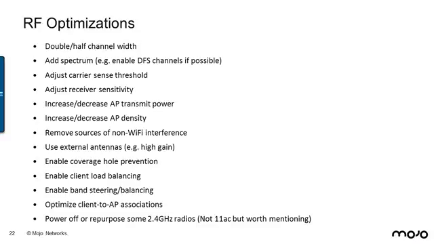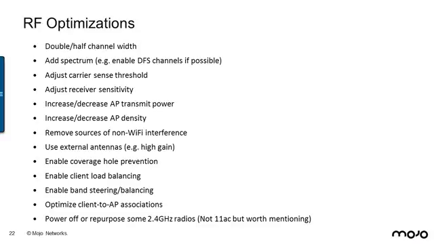And even with those new standards, the client is still making the decision. So what we have is a smart steering where we keep track of where the clients are located in terms of their ability to see other APs or other APs to see them. And so if a client's operating at a very low data rate or low signal strength, we can prompt it or encourage it to move to another AP that is better suited to service the client.